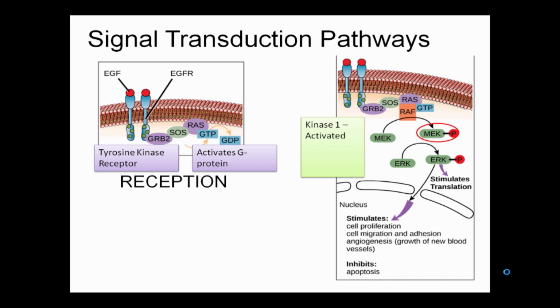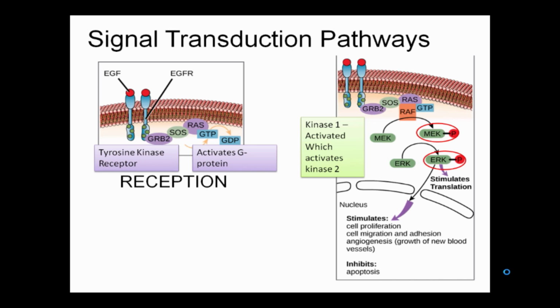So once your G protein is activated, it's going to activate the first enzyme in the pathway. It's going to phosphorylate a kinase. And guess what that kinase is going to do? It's going to activate a second kinase in the pathway by phosphorylating it. These phosphates are going to be coming from an ATP that was hydrolyzed.